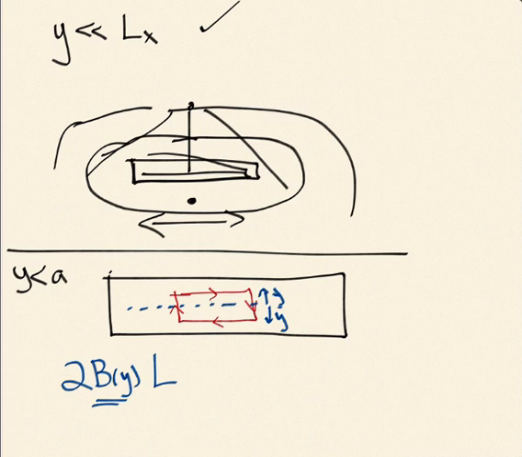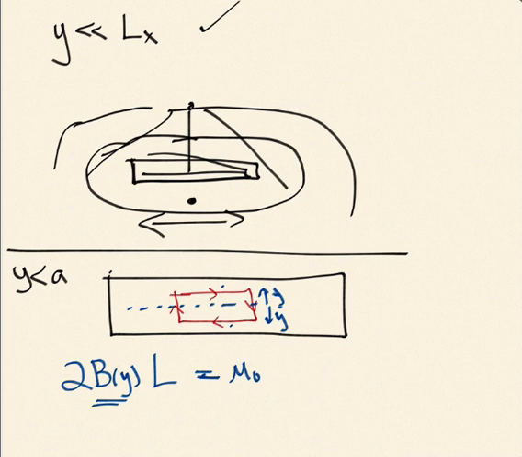So the direction is already specified. The direction is to the right above and to the left below. And I'm solving for the magnitude at that location, a distance y away. And then this is going to be equal to mu naught times the current enclosed.